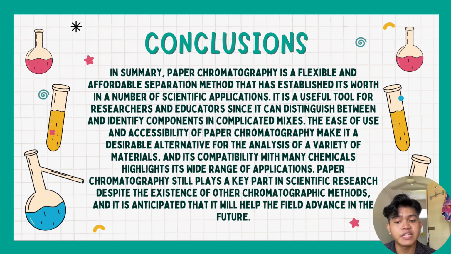This experiment demonstrates the utility of paper chromatography as a quick and simple method for identifying and quantifying substances in a sample. By understanding the principles of chromatography, we can further explore its applications in various fields including chemistry, biology, and forensics.